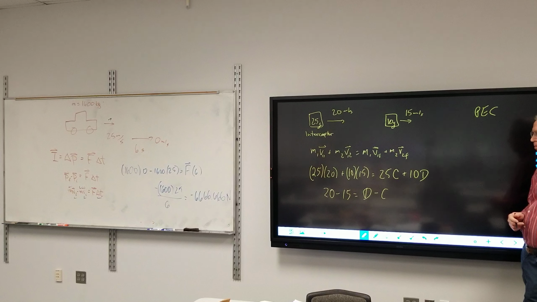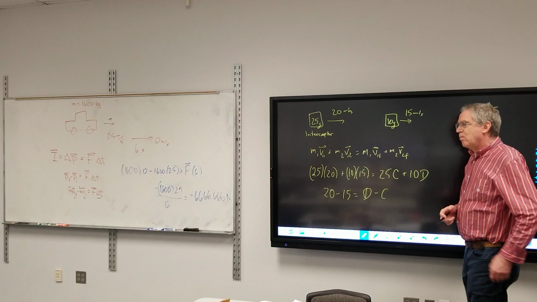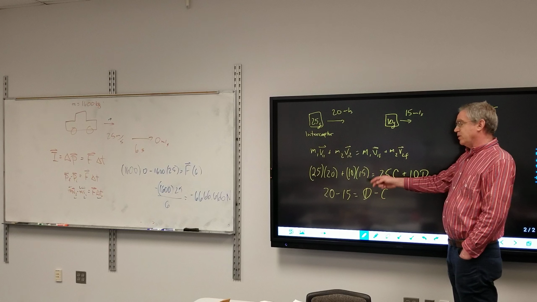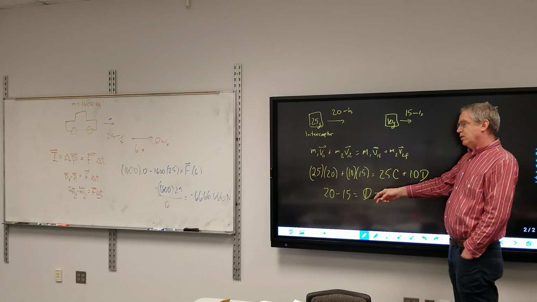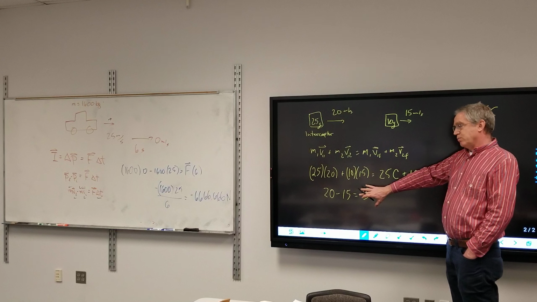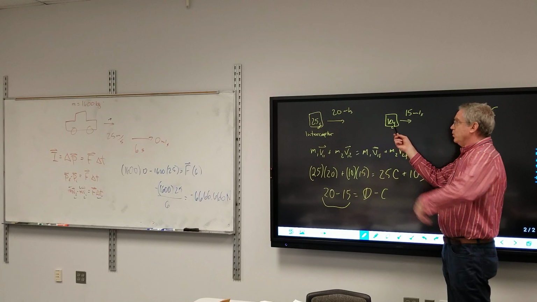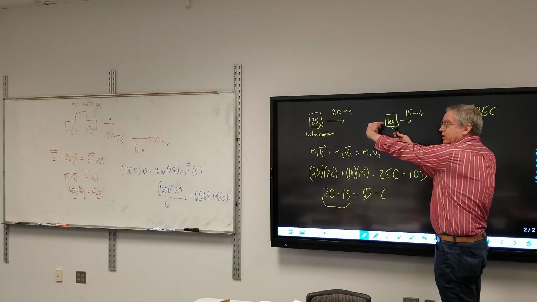And how do we get 20 minus 15? Because wouldn't it be 20 plus 15, because the 10 cancels out, the 25 cancels out? No, these are not the same equation. This is for method 2, where this is the relative speed of approach. In other words, from his point of view, he's coming at him at 5 meters per second.